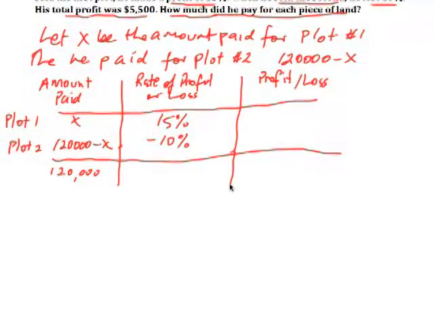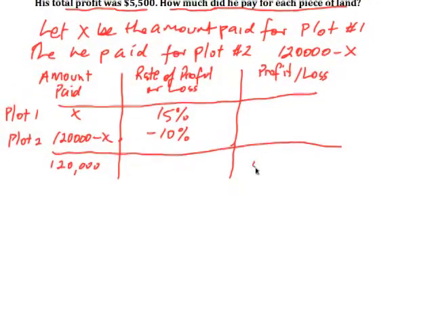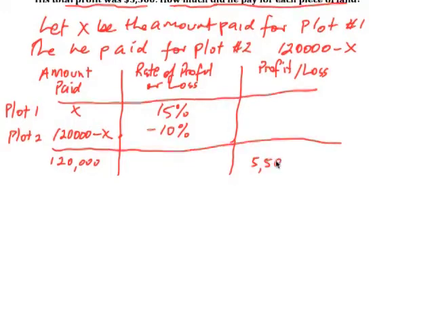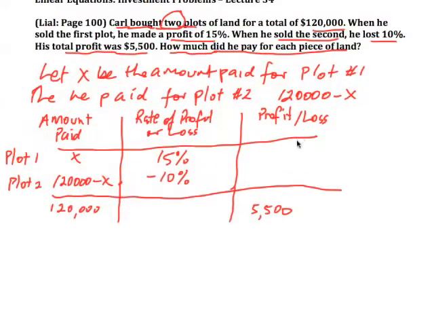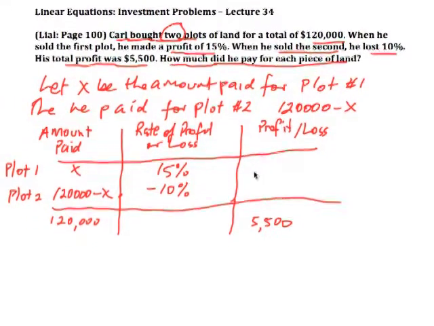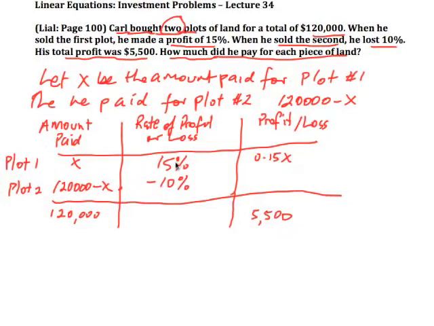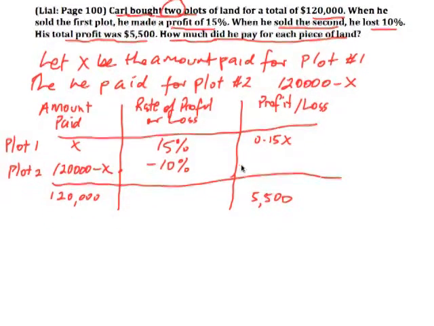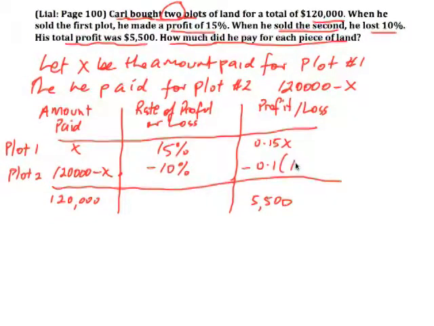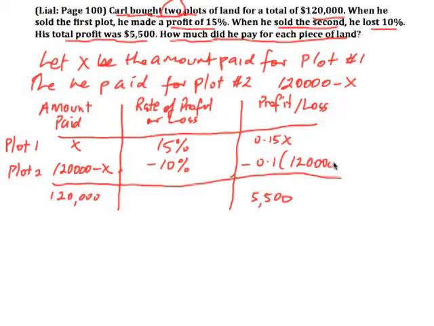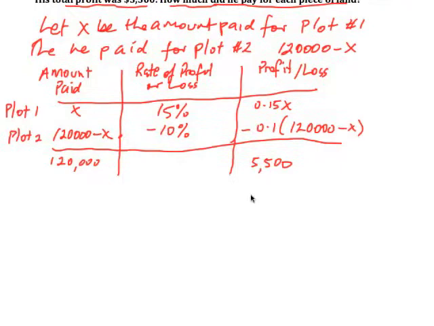Now let's have a look at the profit that he made. He made a total of $5,500. The profit or loss here would be 0.15x, that's x times this rate, and this one would be negative 0.1 times 120,000 minus x.